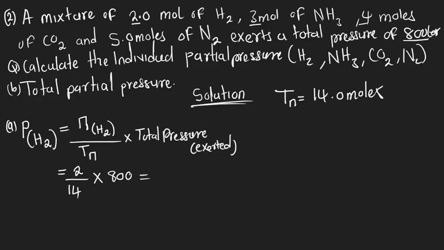Quickly, we just work this out together. So 2 divided by 14 multiplied by 800, we are going to get 114.28 torr.